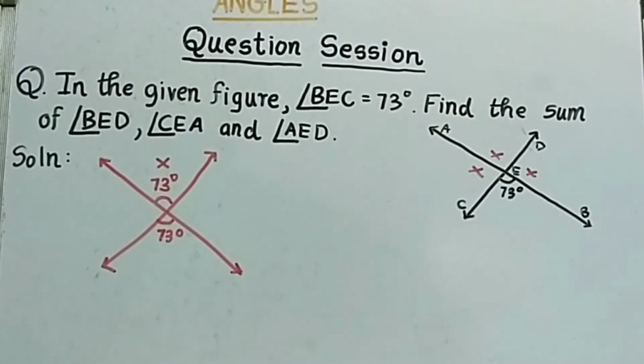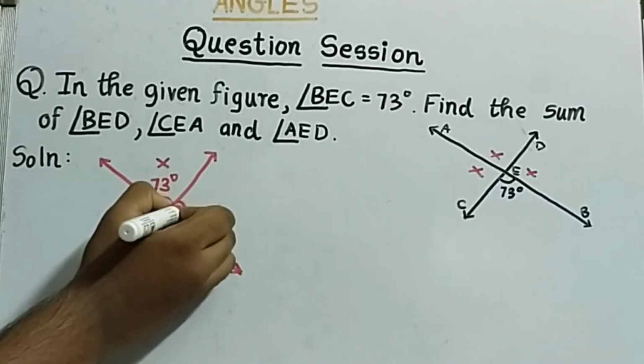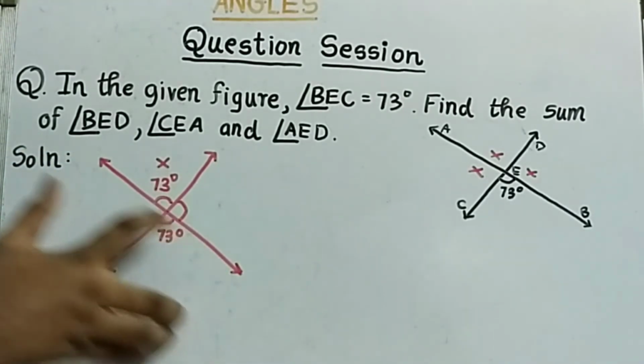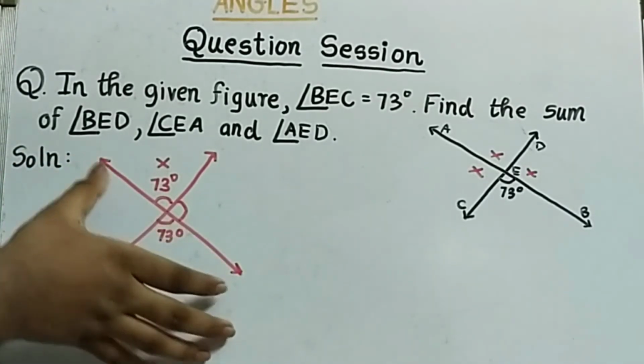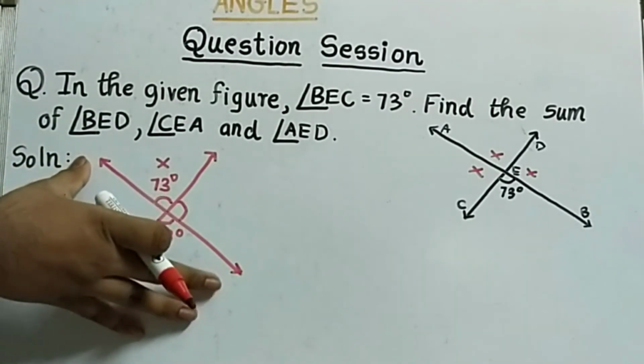The next angle we have to find is this one, the bigger one. Here we can see this is our line AB. In this line there is 180 degrees because there is a linear pair in a straight angle. This is a straight angle because this is a line.